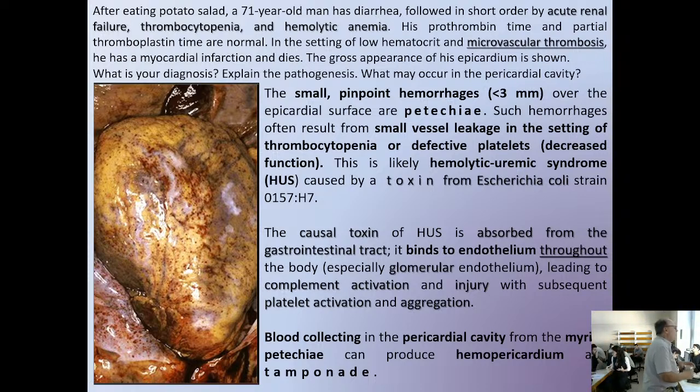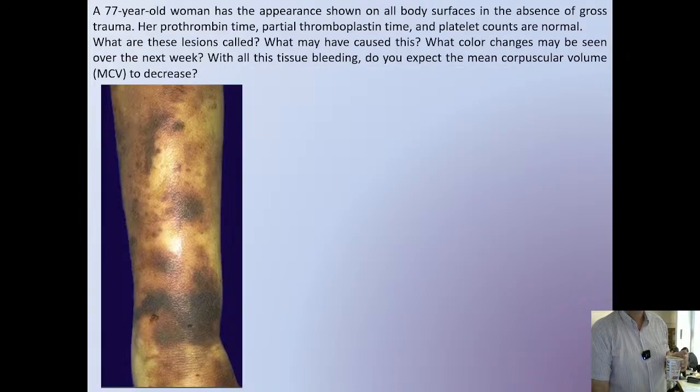So, if all these vessels, despite how small they are, break, a large amount of blood gathers in the pericardial sac, so we have heart tamponade and death. Okay? So this is another form of small pinpoint hemorrhages.